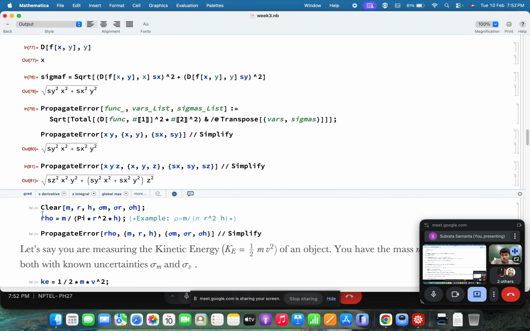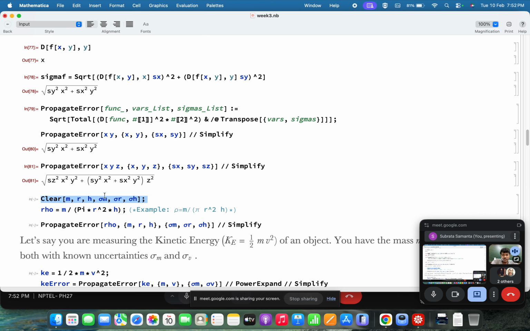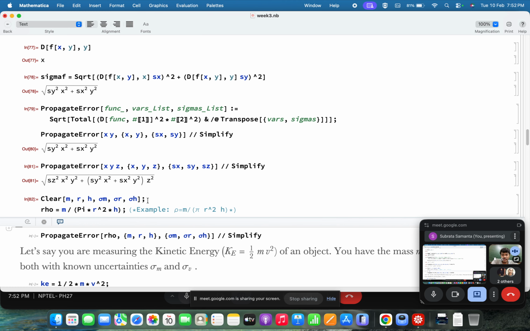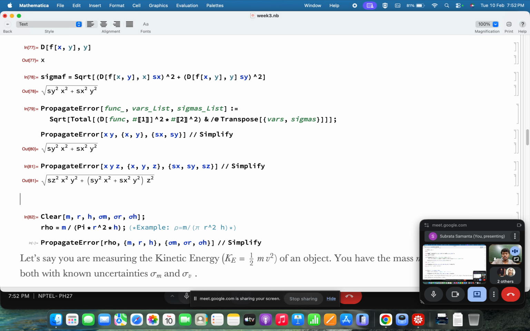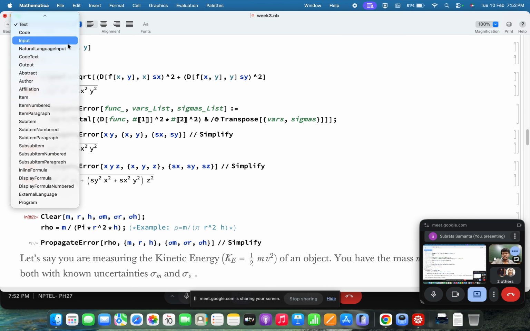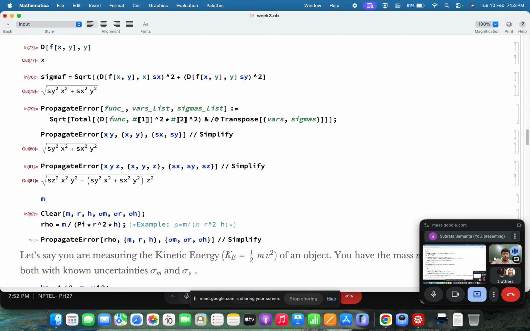Now, another example. Let us say I have these variables. If we defined m, r, sigma m, sigma r and sigma h previously, that will cause problems, so I clear all the variables. Suppose we define previously m equals x y z.